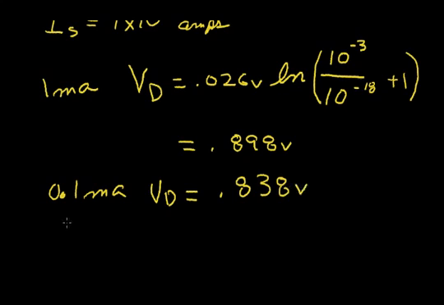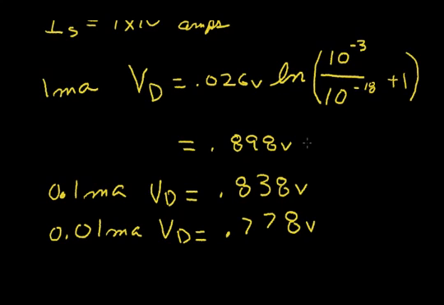Now let's make the current 10 times smaller and solve this equation again. 0.01 milliamps. Now if we solve for V sub d, we get a little smaller number, 0.778 volts.